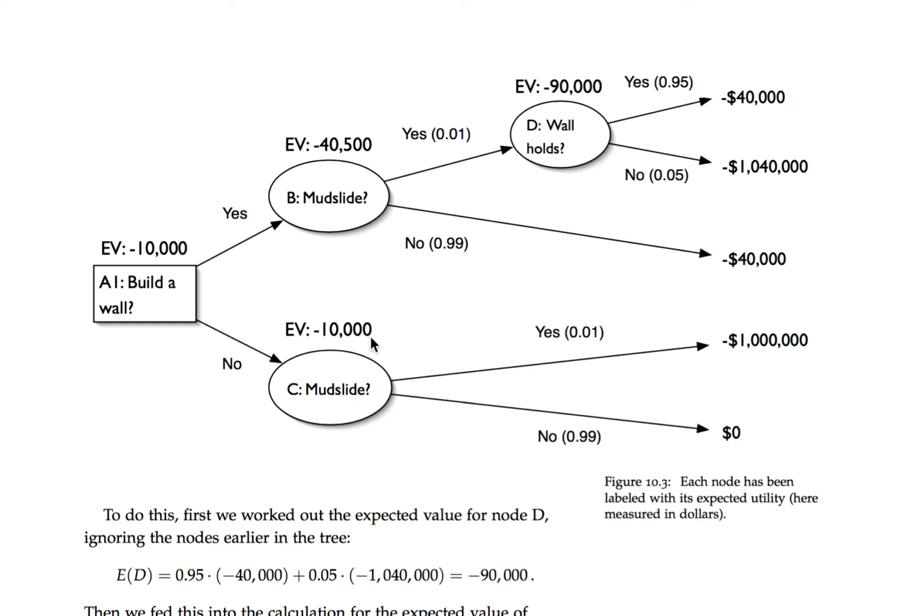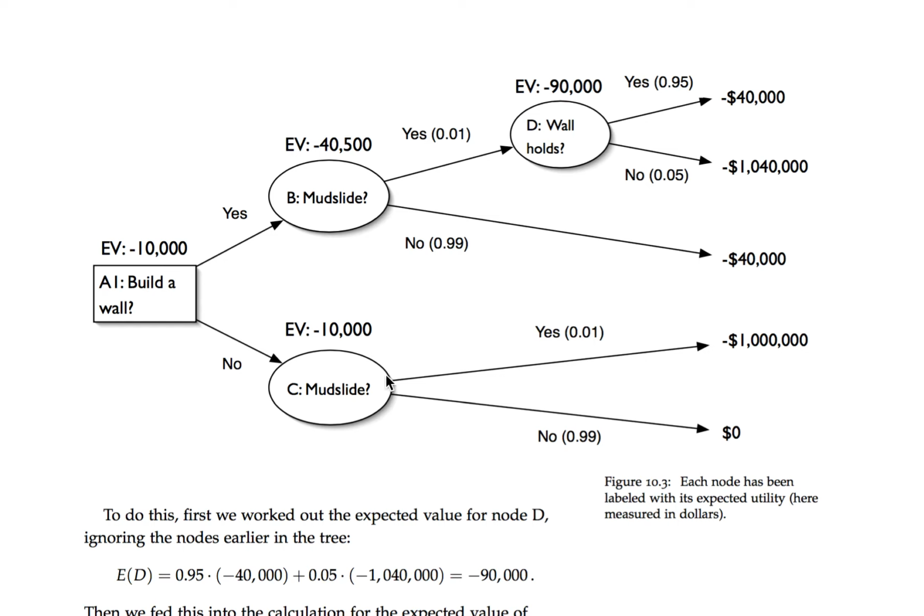So the expected value of that probability distribution is minus $10,000. And now we're basically done because we've got node B up here with an expected value of minus 40,500, node C with an expected value of minus 10,000. And so the principle of expected value would say at this decision node, take the option with the highest expected value, and that's this node down here.